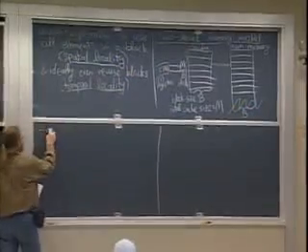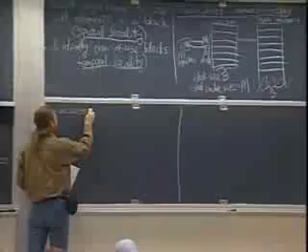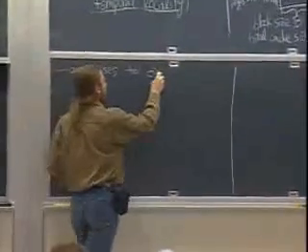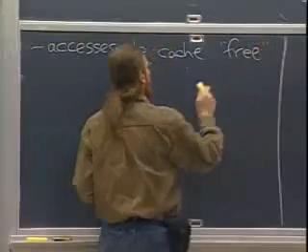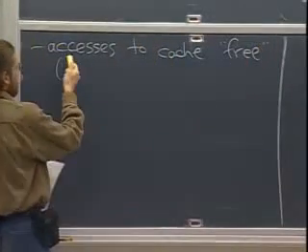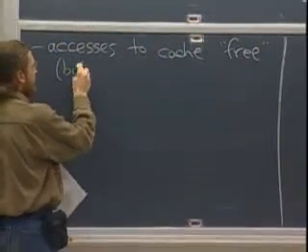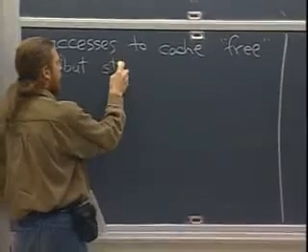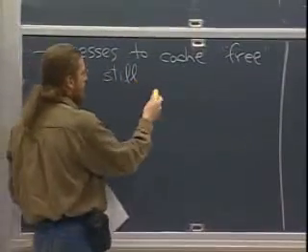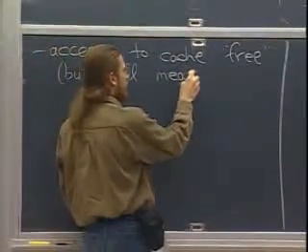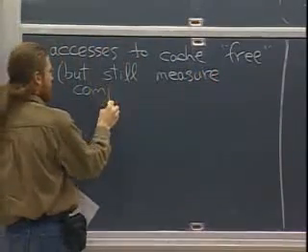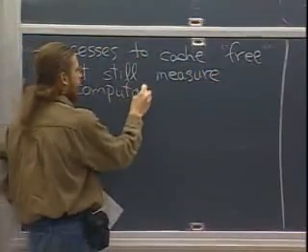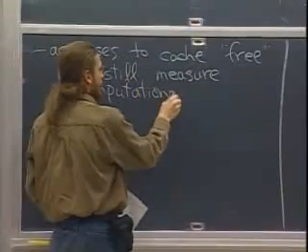So we suppose that accesses to cache are free. But we can still think about the running time of the algorithm. I'm not going to change the definition of running time. This would be the computation time, or the work if you want to use the multi-threaded lingo.